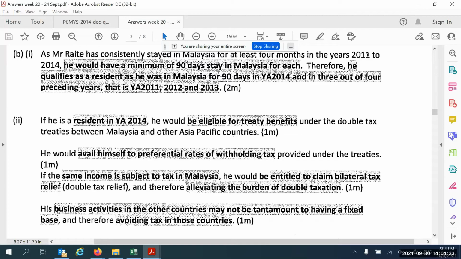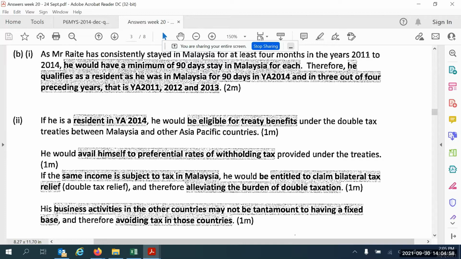And then like I told you, preferential rate of withholding tax, right? That means lower rate. And if he's subject to double tax in Malaysia or overseas, he's entitled to claim bilateral tax relief.